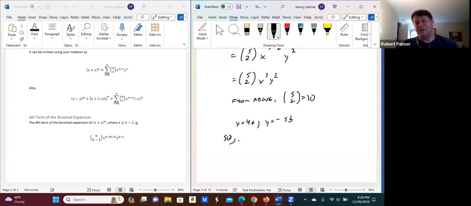So what we have then is that the kth term, once again the third term, 5 over 2, that's going to be 4a cubed times negative 5b squared.